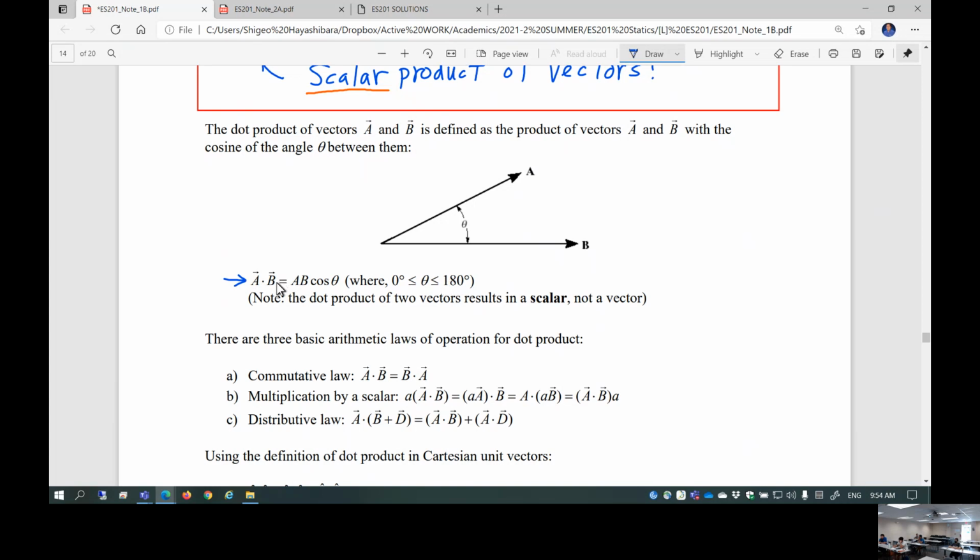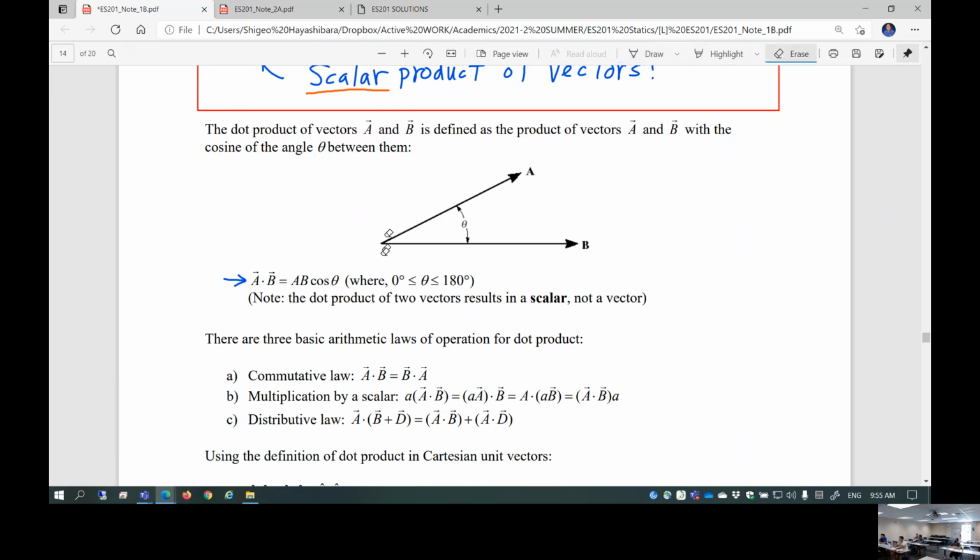You can still do a dot product with theta more than 180 degrees. What happens if you do such a thing, however? If theta in between is more than 180, what happens? A minus sign comes up, because more than 180 means one of the vectors is going the other direction, right? If you take a dot product, of course, a minus result comes up, okay?